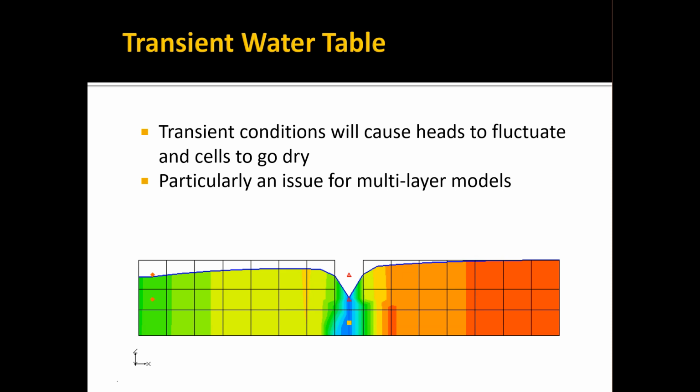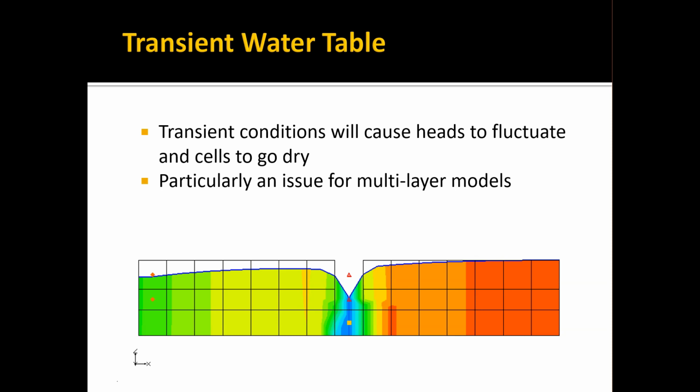In other cases, sometimes if we're running a transient model, I know we haven't talked in much detail about transient models yet, but if you're doing a transient model, sometimes the stresses, maybe you're changing the pumping rates or the recharge, can cause the water or the heads or the water table to fluctuate and for cells to go dry.